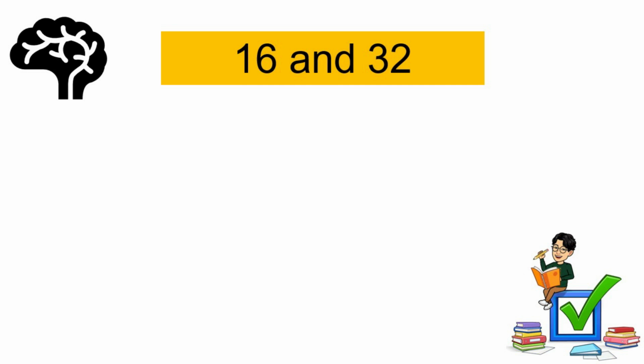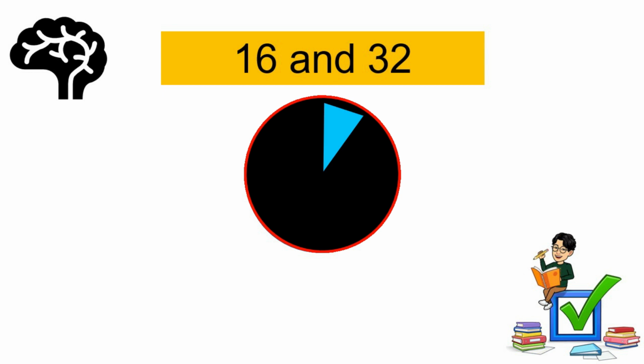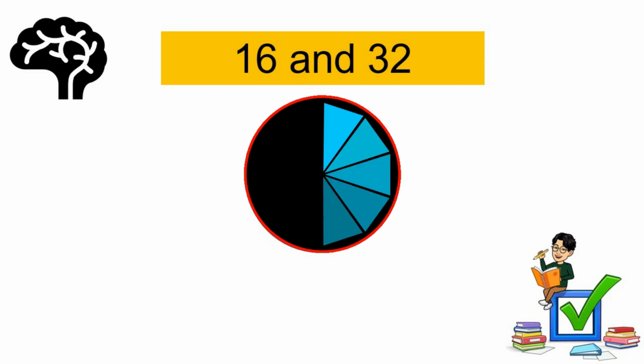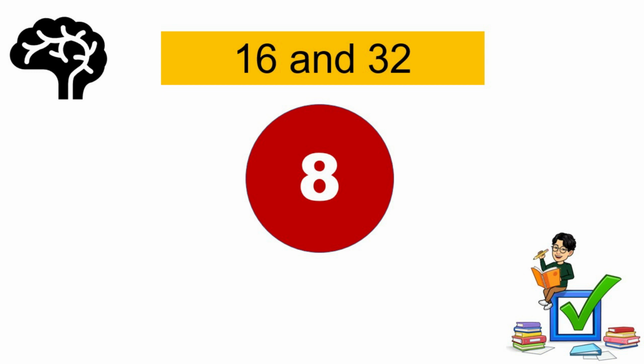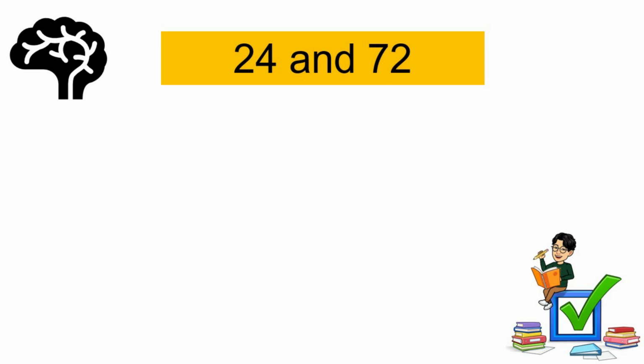What is the greatest common factor of 16 and 32? You're right! That is 8. What is the greatest common factor of 24 and 72?